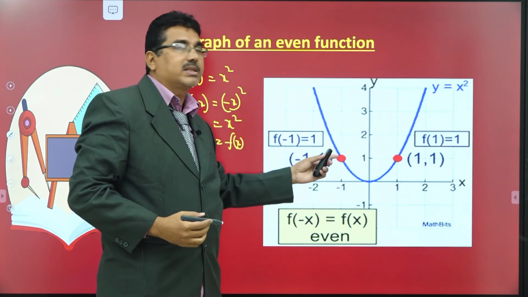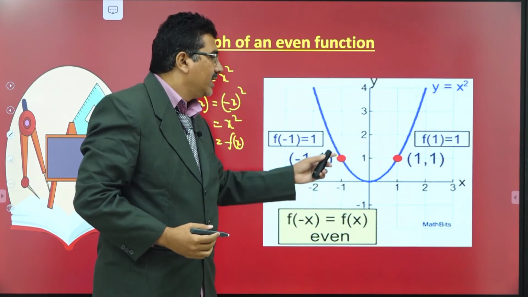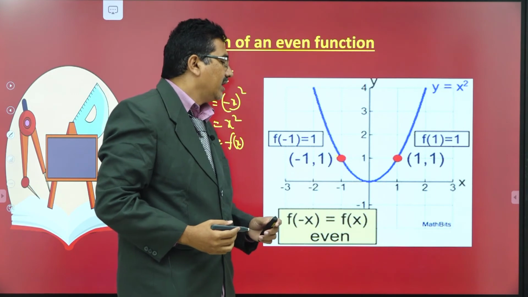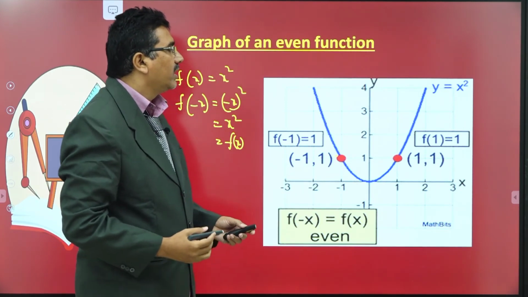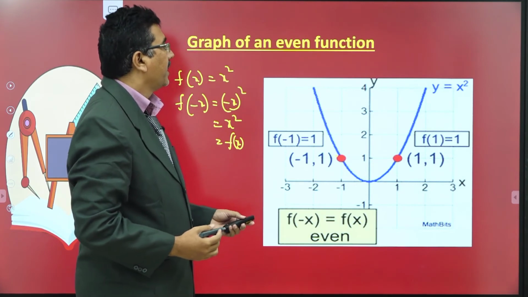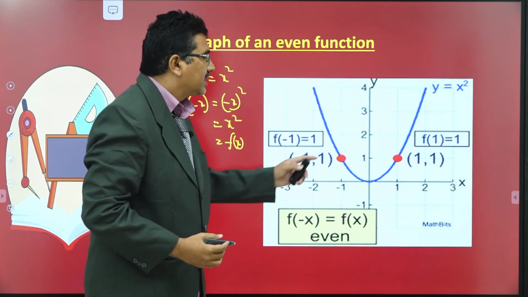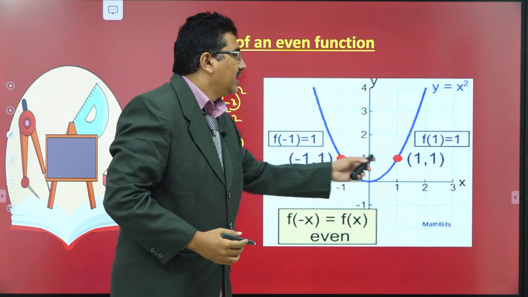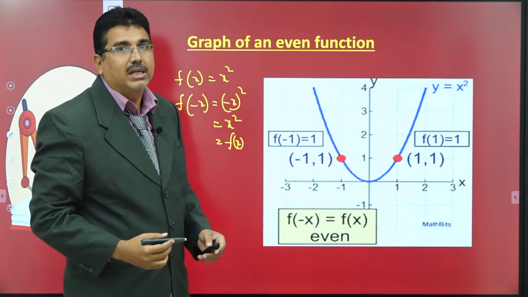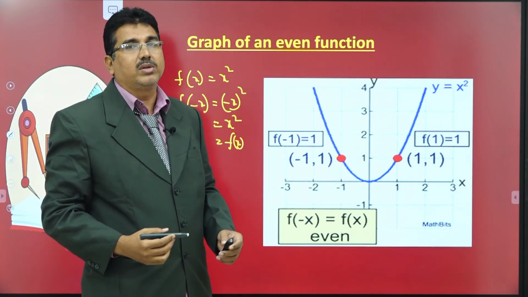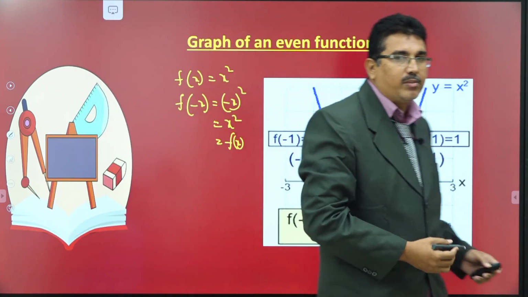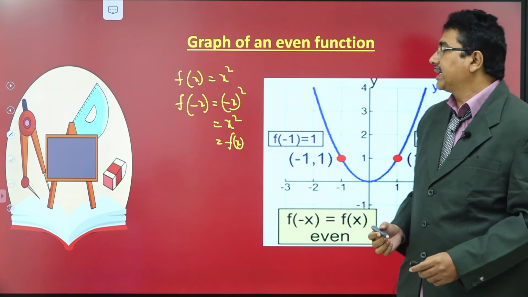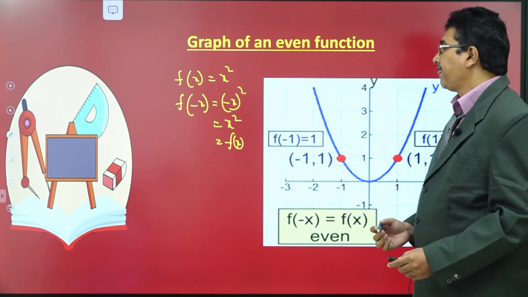These two curves coincide, so the graph is symmetrical about the y-axis. Also we say that the graph is symmetric about the line x equal to 0.